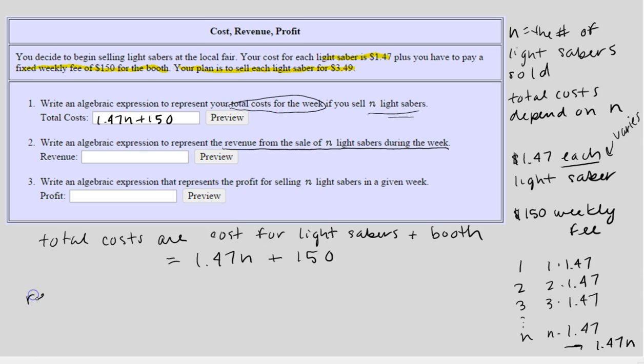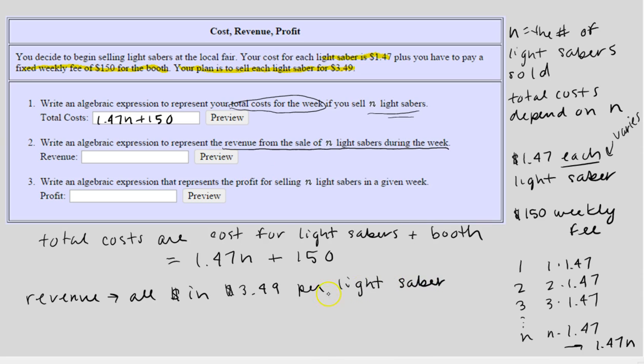So the revenue is all money in. Well, here it says that you plan to sell each lightsaber for $3.49. Well, that means you will earn $3.49 per lightsaber.